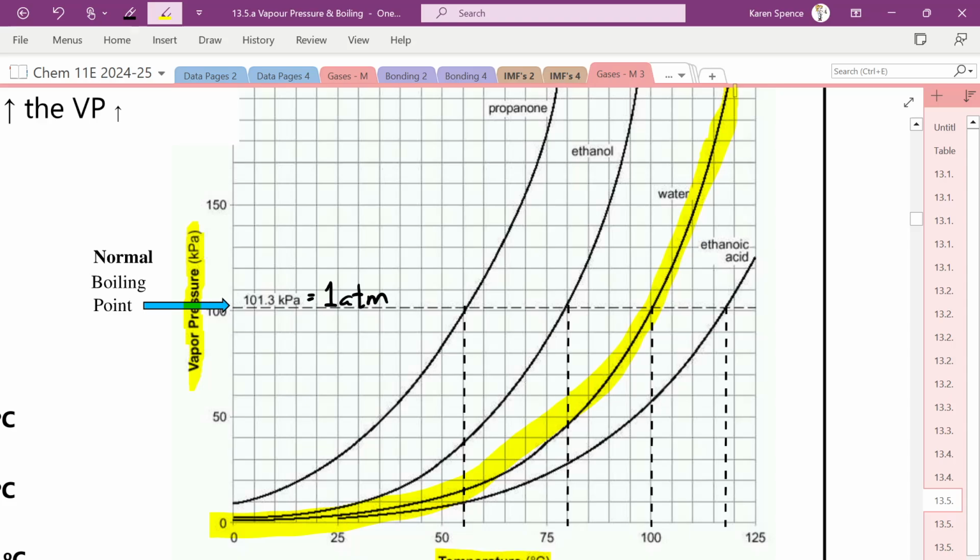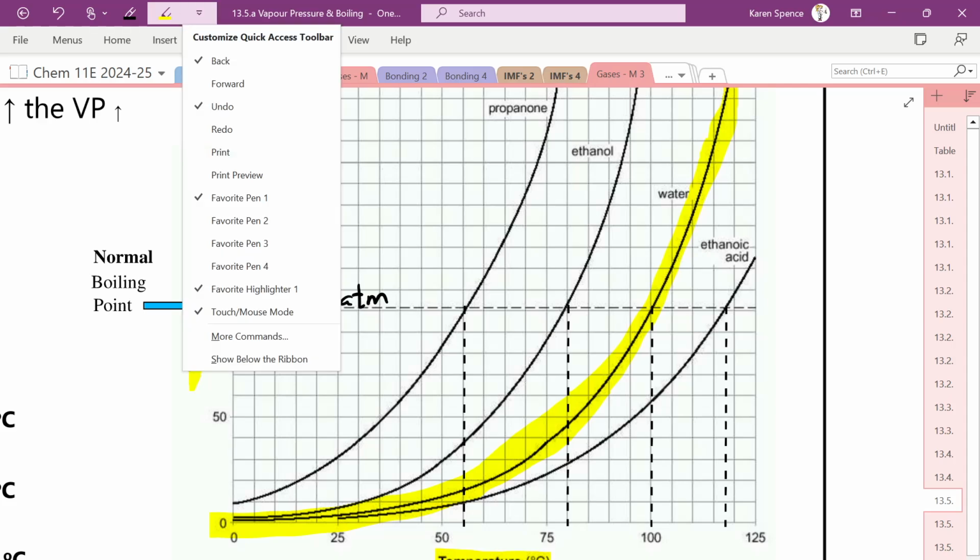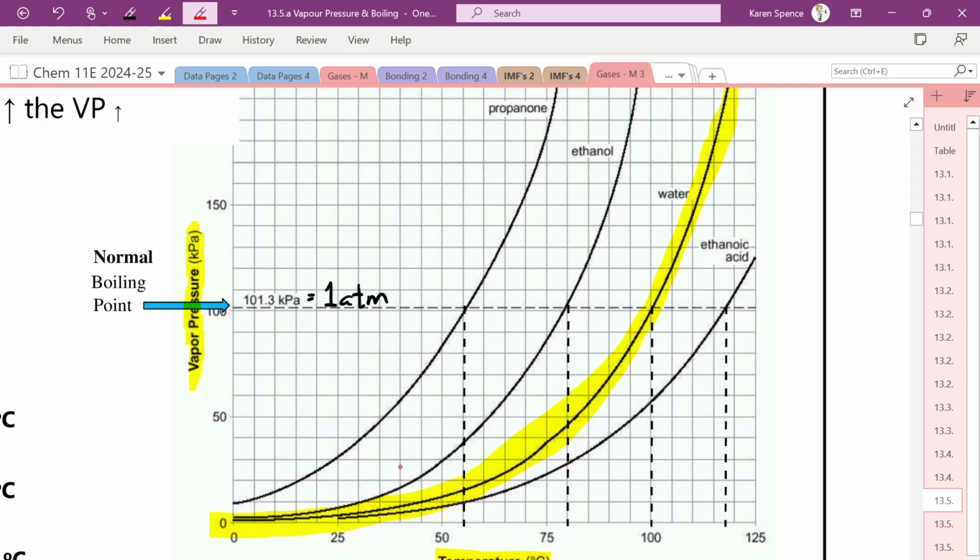All right. And you can see at low temperatures, the vapor pressure of water is less than the pressure of the atmosphere, so you won't get boiling.